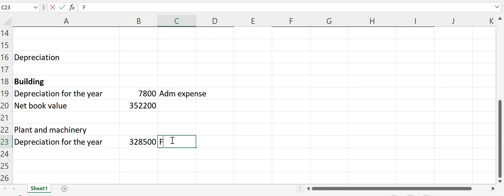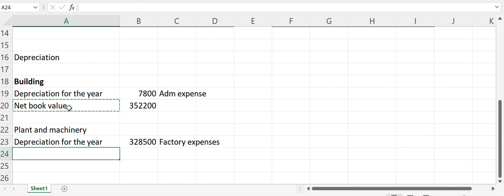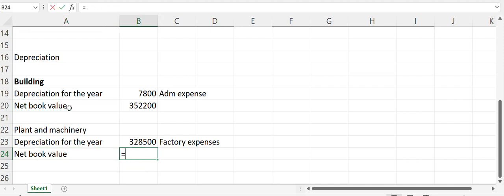This one will go to factory expense or overheads. Okay, that is a good example of indirect cost or factory. So let us compute the net book value. We are going to say the cost, which was 2,190,000. Then we get the accumulated depreciation for plant and machinery.